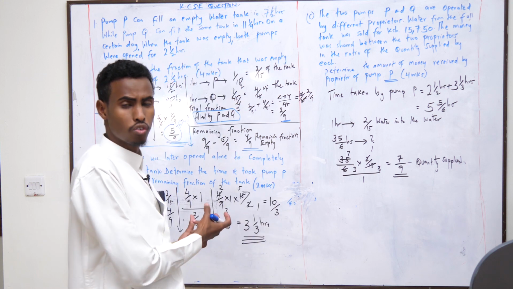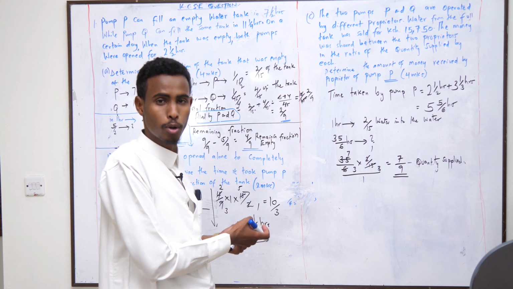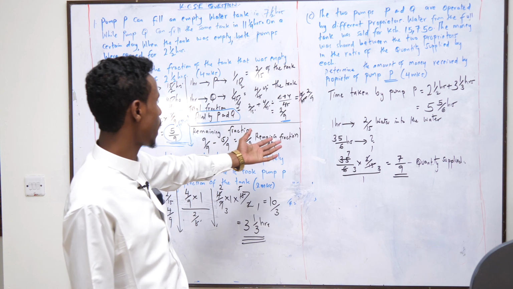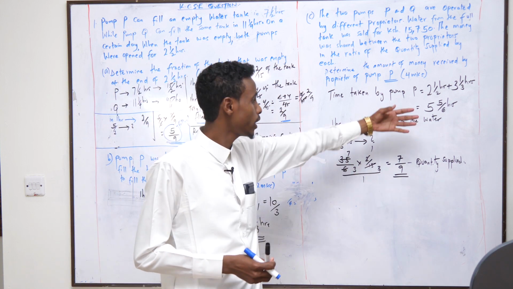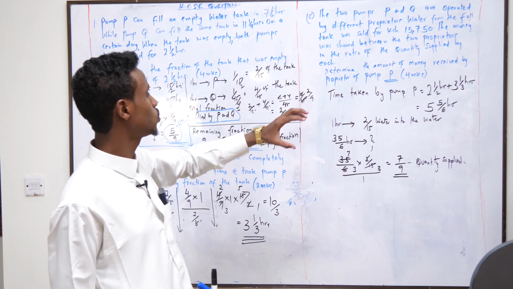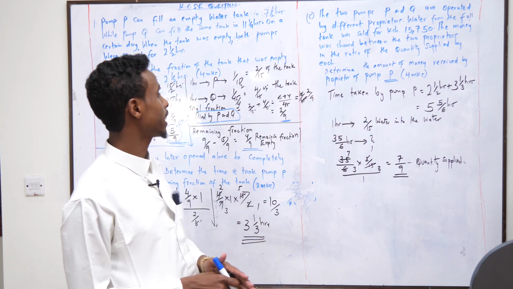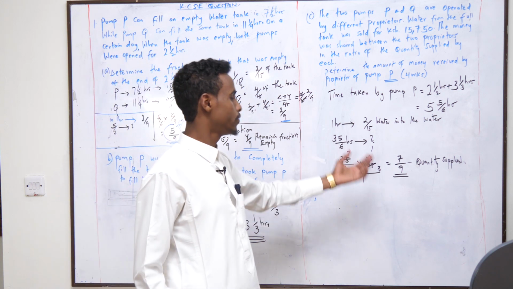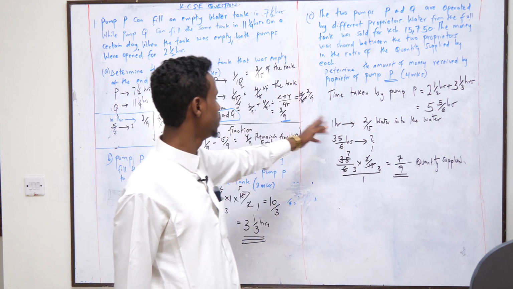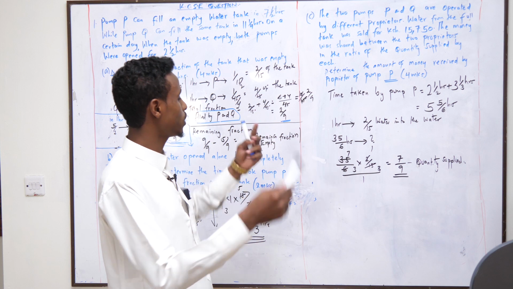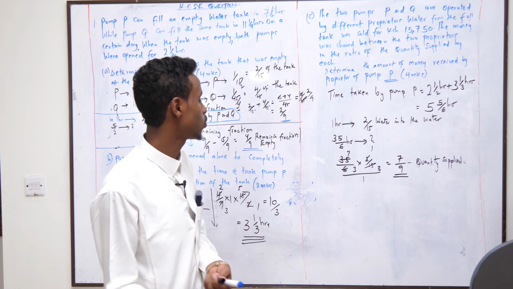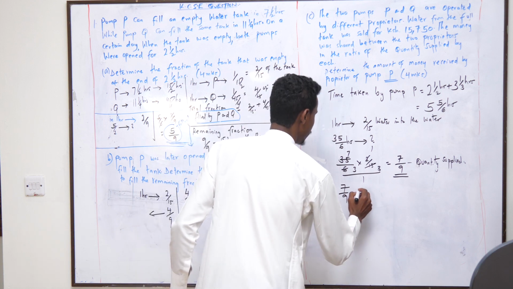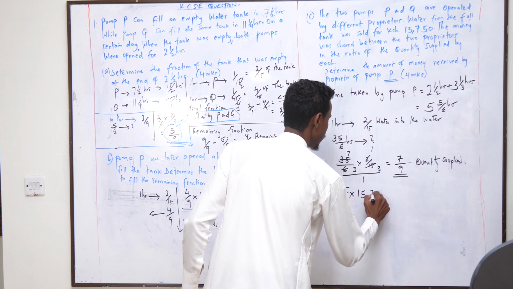Now, we ask the amount of money that the proprietor of pump P got as a share. How do we go about that? We take the total time taken by pump P to pump water into the tank. Next, in 1 hour, what quantity does it supply? Then you get the quantity supplied by pump P. From there we say, if the total was 15,750 and the quantity supplied was 7/9, we come here very simply: 7 out of 9 times 15,750.